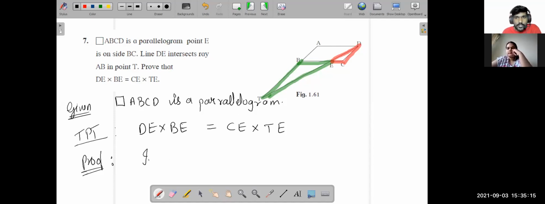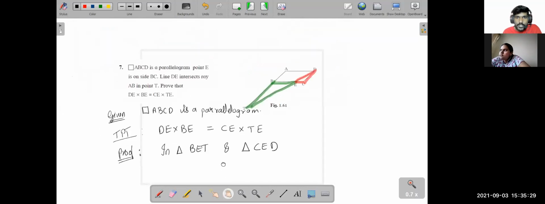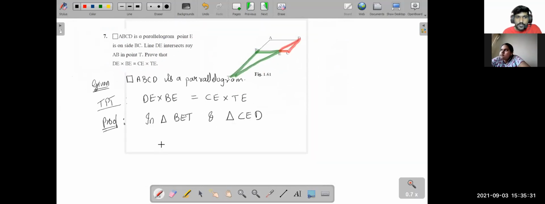Now look in triangle BET and in triangle CED. In these two triangles, first, what can you see is equal to each other? What are congruent to each other? Vertically opposite.